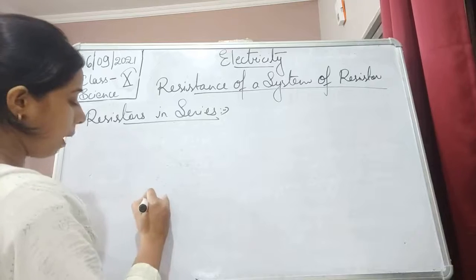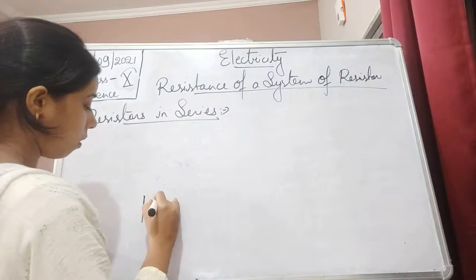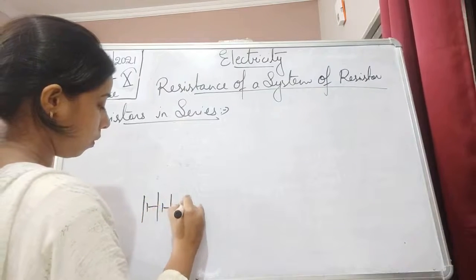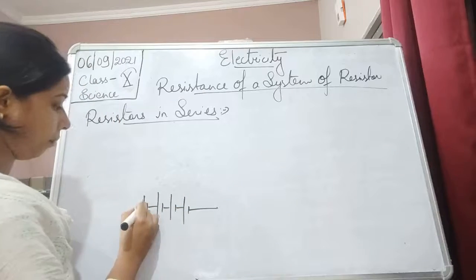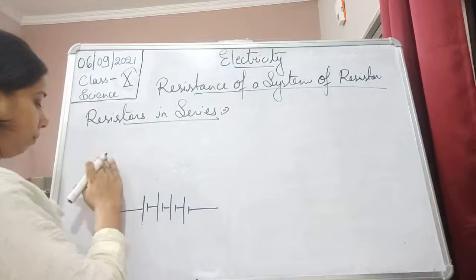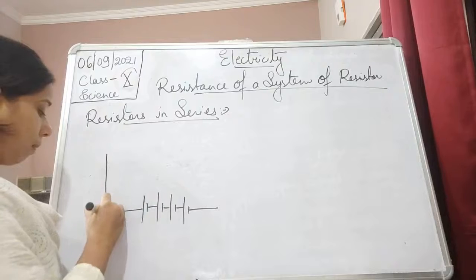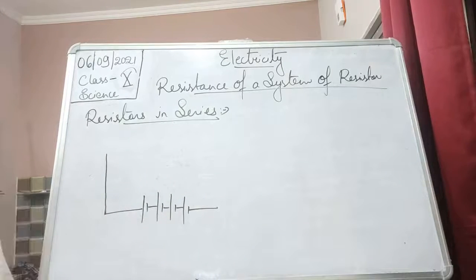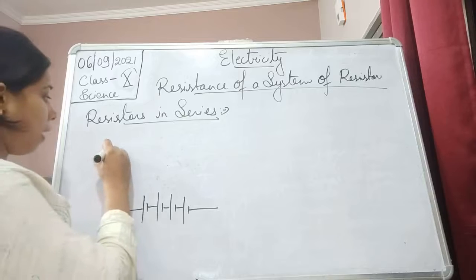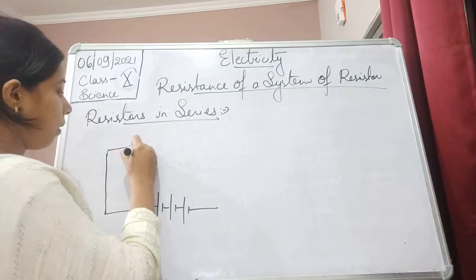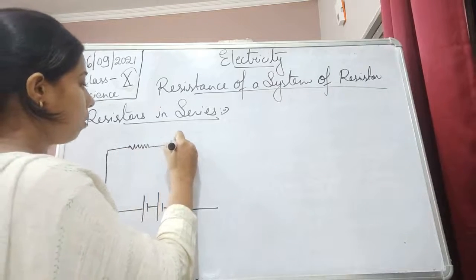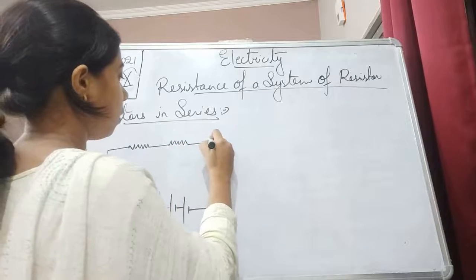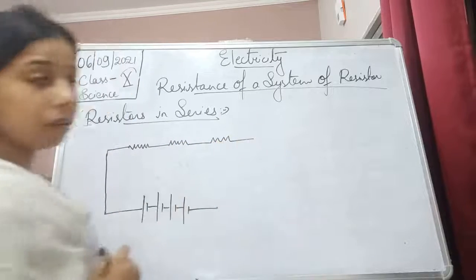Here a battery is there, and a battery is there, and this is first cell, then second, and then third.